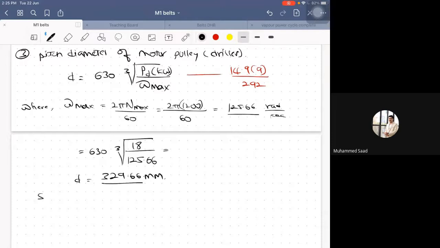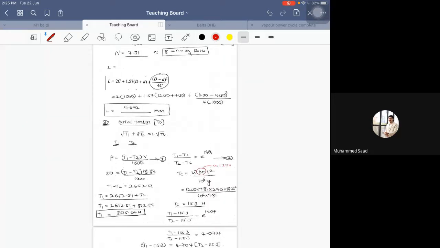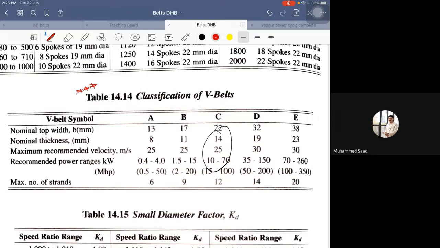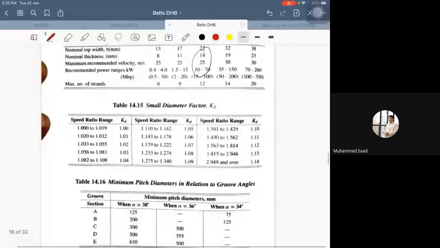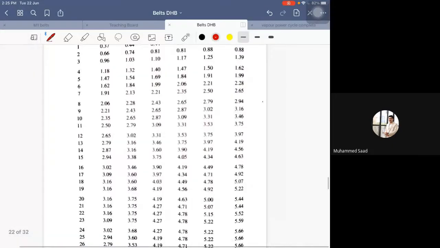So standardizing the above pitch diameter using table number 14.22 on page number 326. Please go to that table.